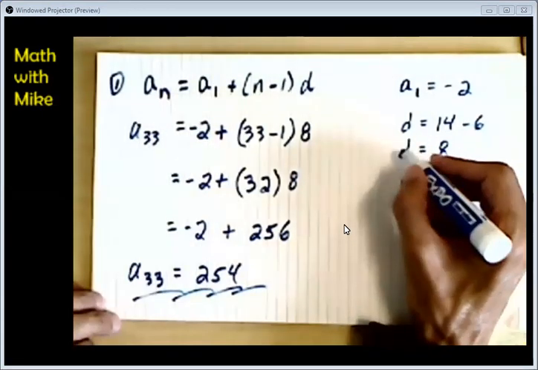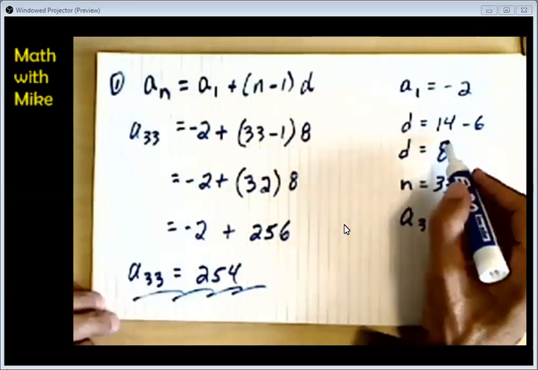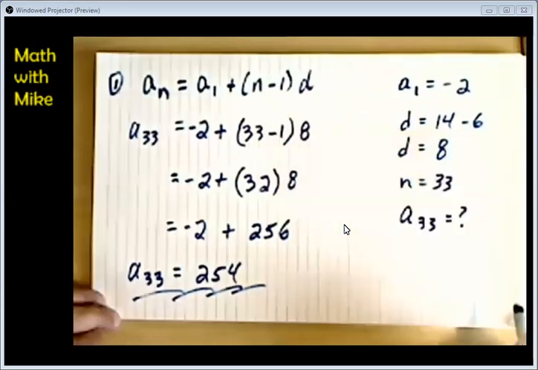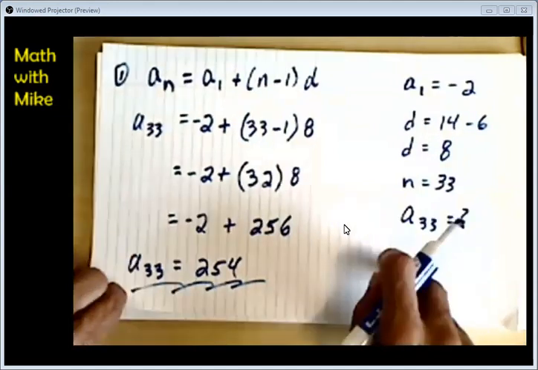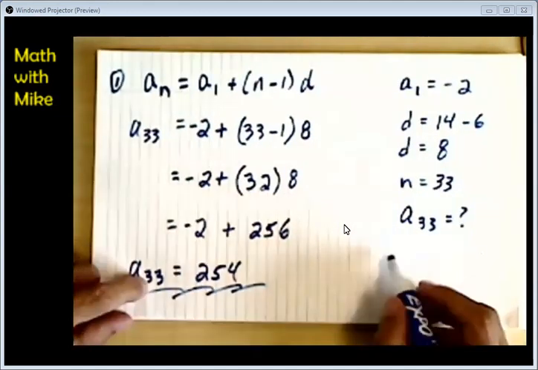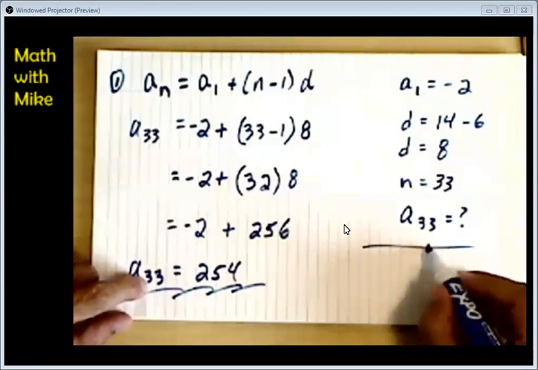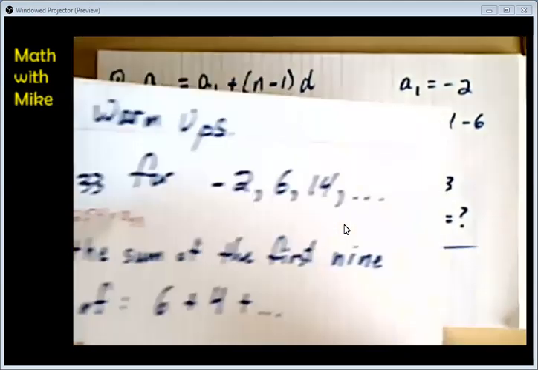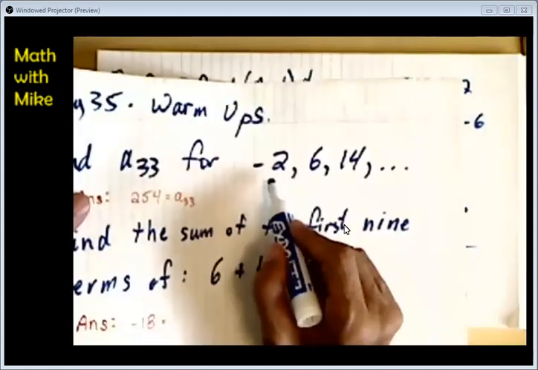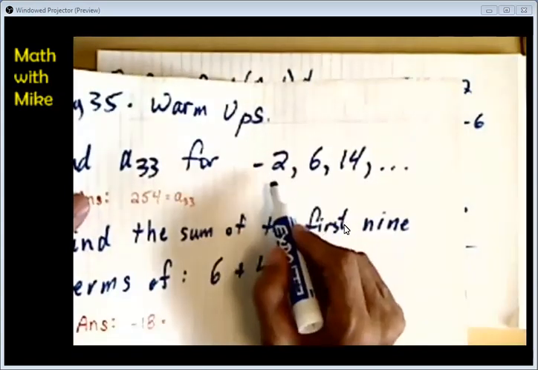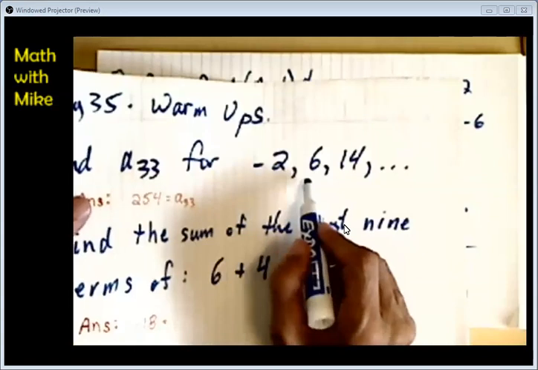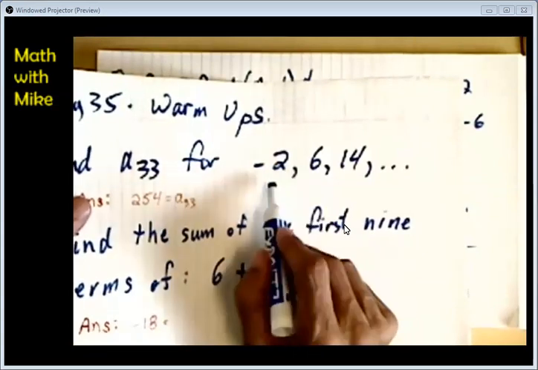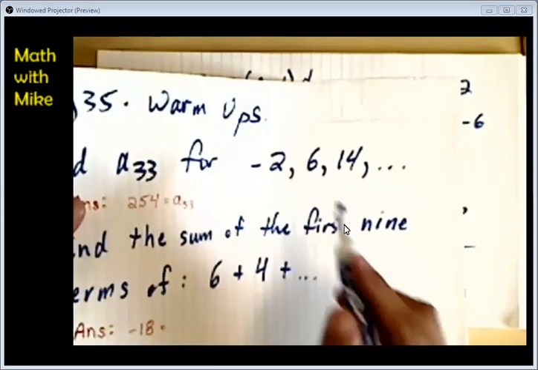Yeah. So I'll do that on a separate page. If you use, no, I can do it under here. If you look at the list, the sequence, it's 6 and -2, right? So if you use the 6 to figure out what D is, you go 6 minus whatever's in front. So watch.